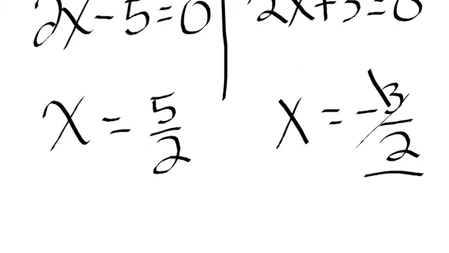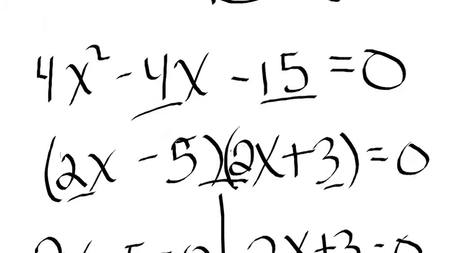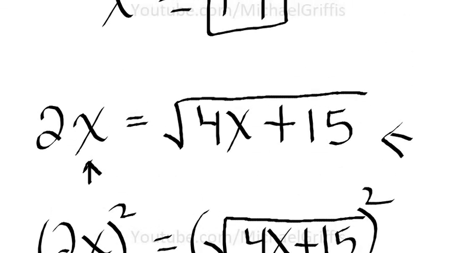Maybe I should put red. Okay, we can't use that number. However, the 5 halves, if we plugged it in here, 2 goes into 4 2 times. 2 times 5 is 10. 10 plus 15 is 25.